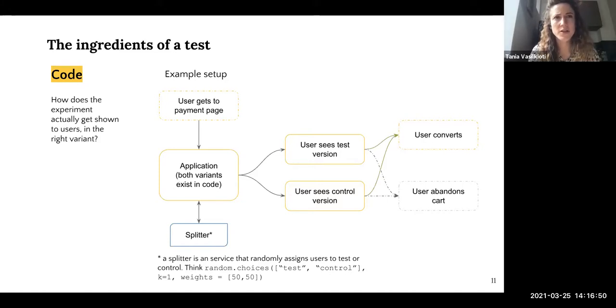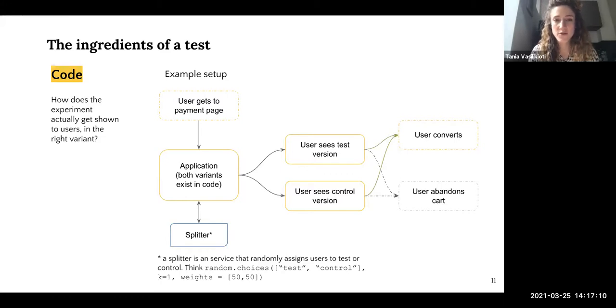This might sound trivial, maybe we think, oh, maybe every second user will be put into test or control, but there are certain considerations, such as each user should always be in the same variant. So it cannot be that when the user comes in today, they are in the test group, and when they come in tomorrow, they're in the control group.